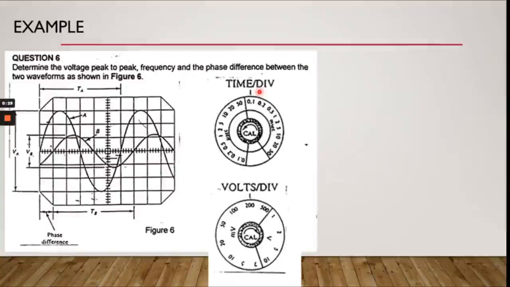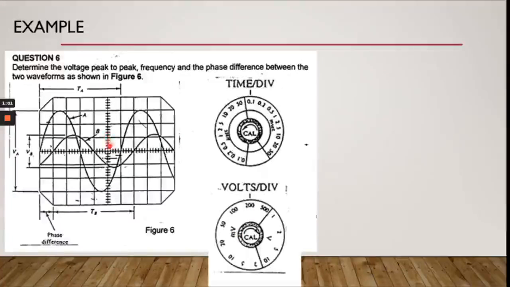We have the time per division set to 0.1 and the unit is millisecond. It's not so clear here, but this one here is the time division. The unit here is millisecond, and the unit here on the left-hand side is microsecond. For the voltage per division, which is the vertical axis, the value given is 200 and the unit is millivolt.